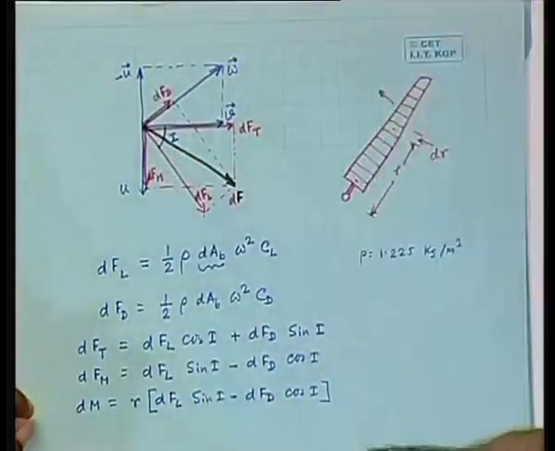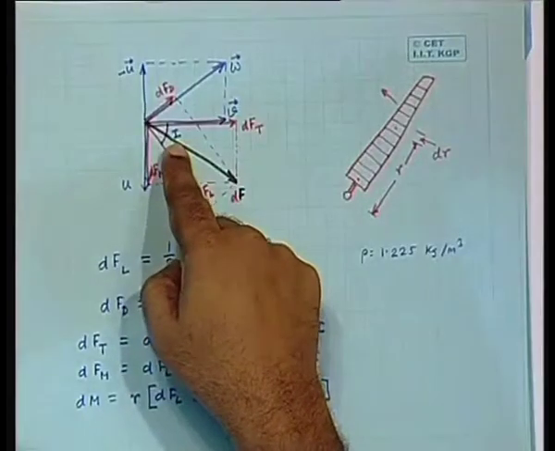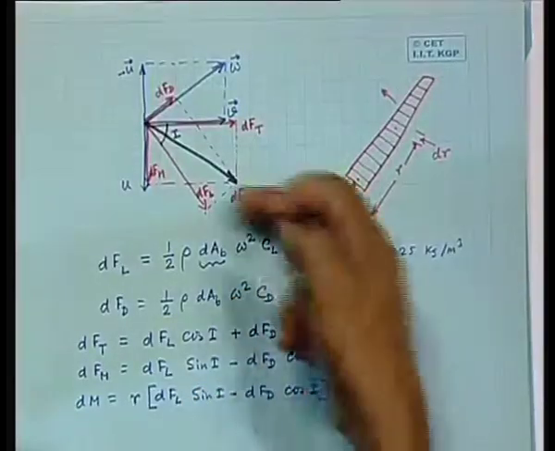Because the blade's chord is not exactly aligned with the direction of motion. It has an angle called the pitch angle, and therefore you have to subtract that from the I in order to find the angle of attack. From there you read the values of CL and CD, and then everything follows.